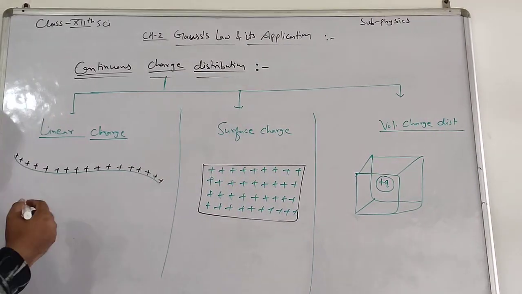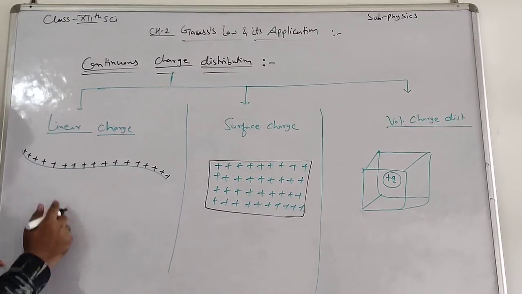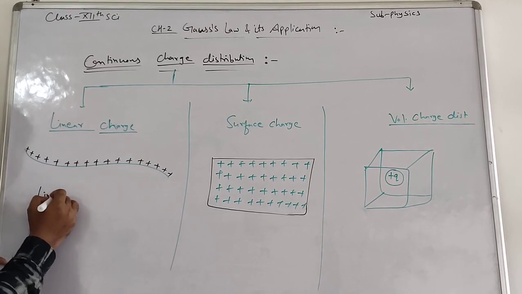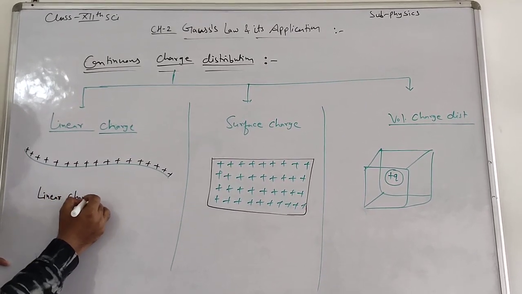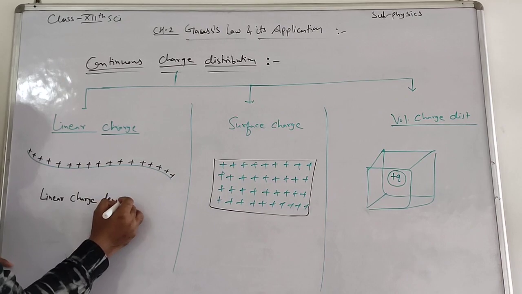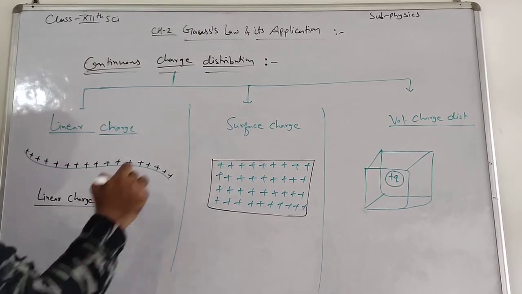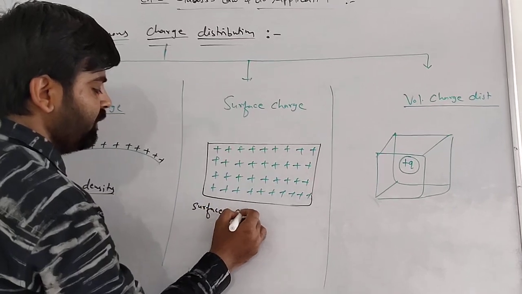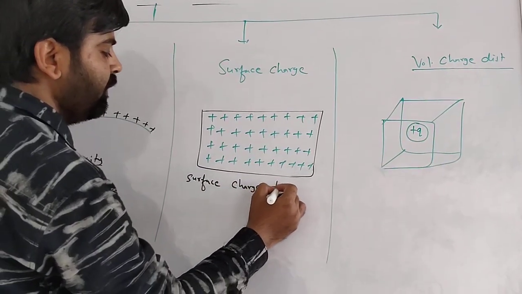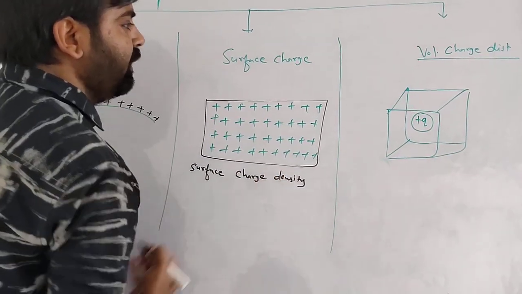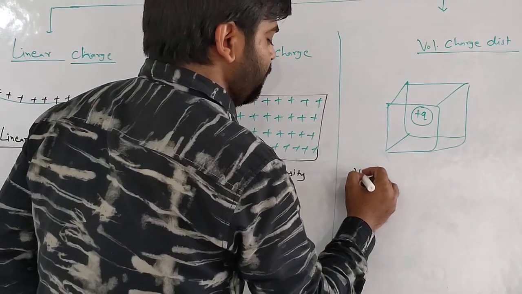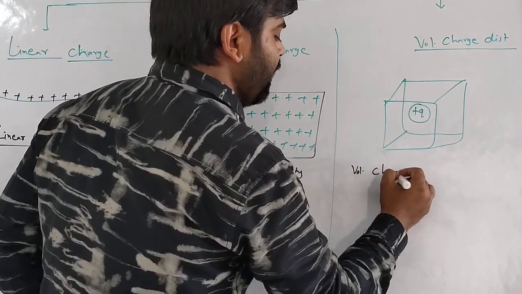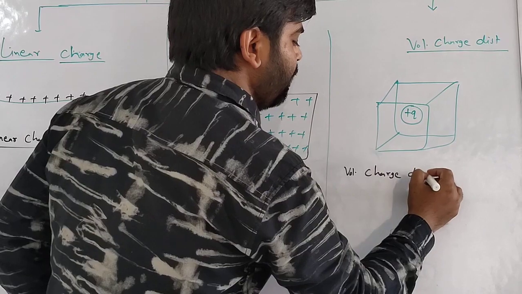Now we discuss another term: linear charge density. Similarly for surface charge distribution, surface charge density, and for volume charge distribution, volume charge density.